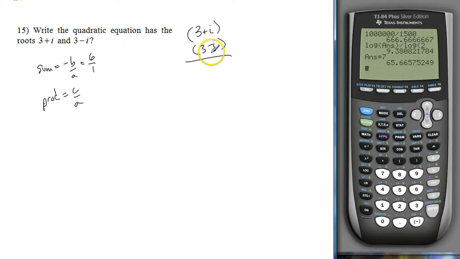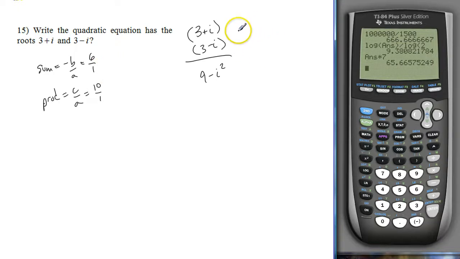Multiply it out. And if you need a calculator, whatever you wish, 3 times 3 is 9. Plus 3i and minus 3i cancel out. So that's 9, and this is minus i squared. I know i squared is negative 1, so this is a 10. Or once again, use a calculator.